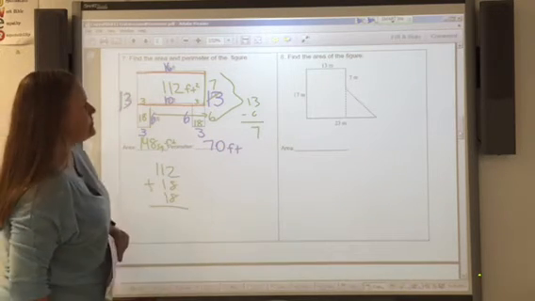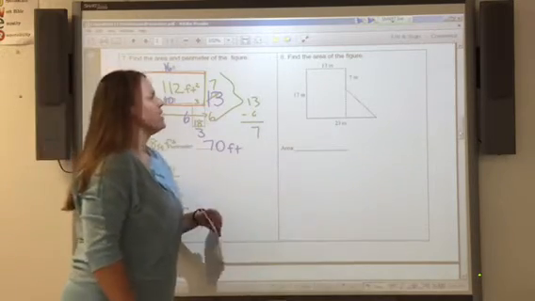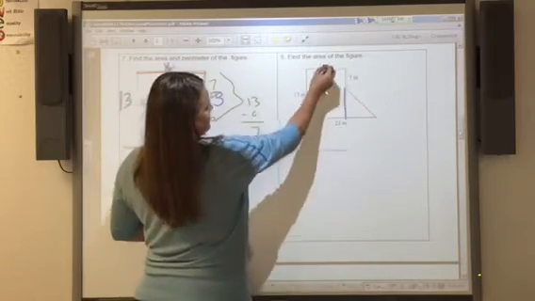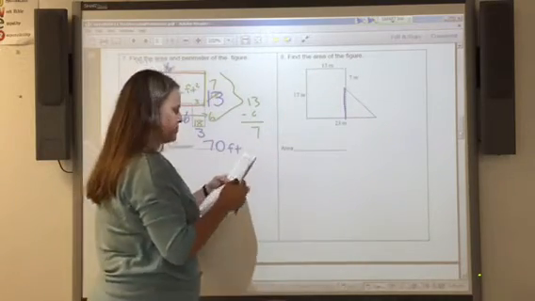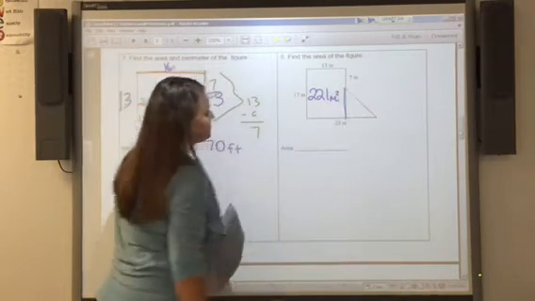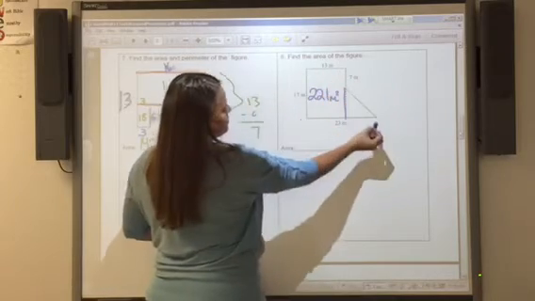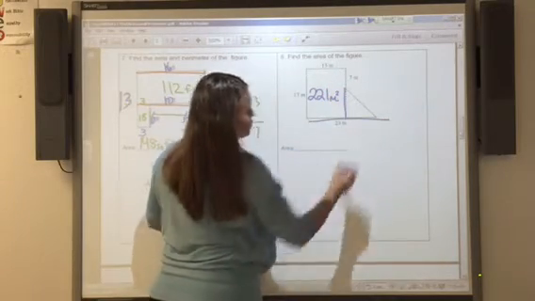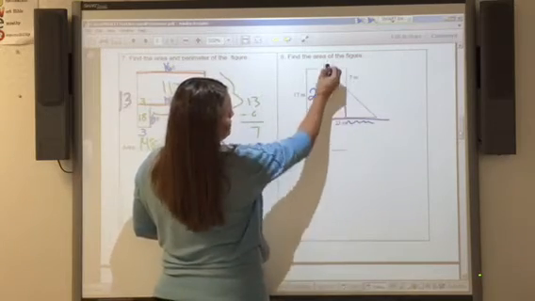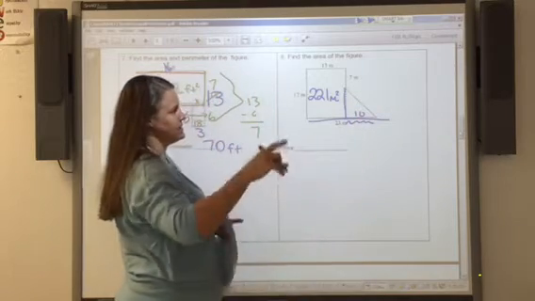Okay, so 70 feet. Looking to the right, the area of this figure, again, I'm going to section this off right here. And that's going to be 13 times 17, which is 221 meters square. And then for my triangle, I know that the entire thing is 23. Well, I only want this little section here, so I'm going to do 23 minus 13, and that's going to leave me with 10 for the base.